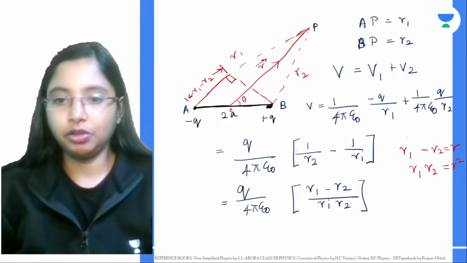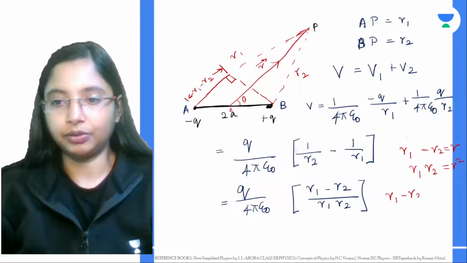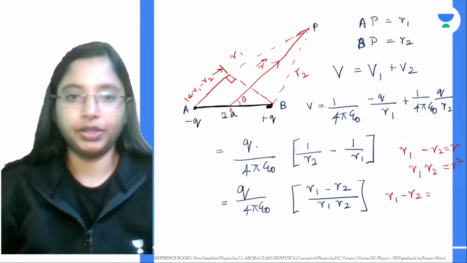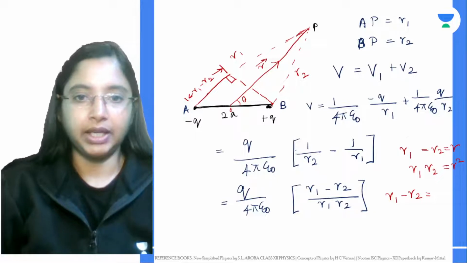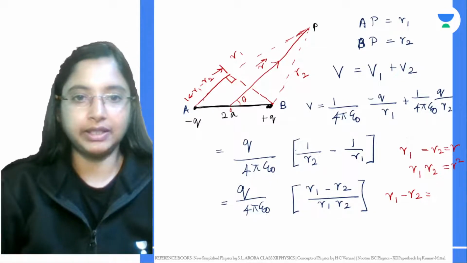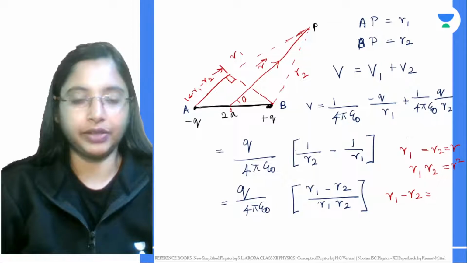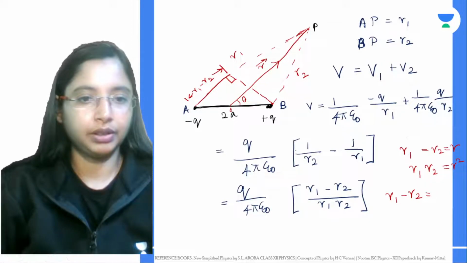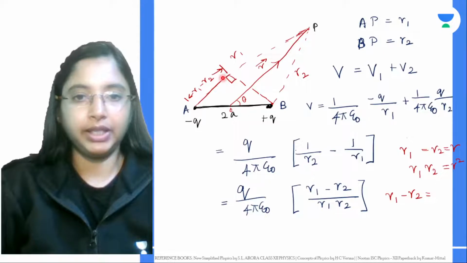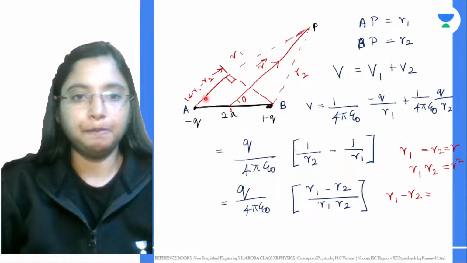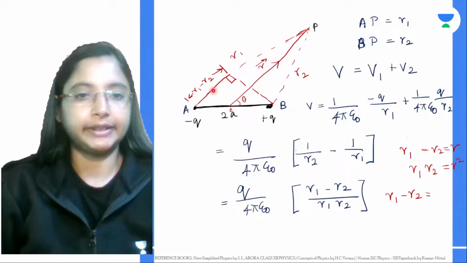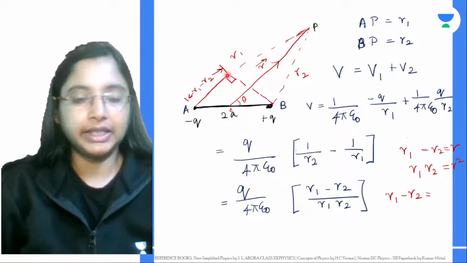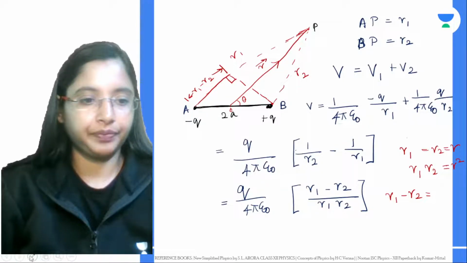Now, R1 and R2 we have solved. So what about R1 minus R2? Since this angle is theta and this is a right angle triangle, cos theta will give you this side by this side.